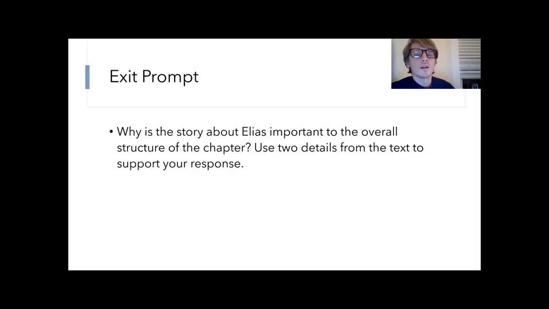So we're going to keep an eye out for this story about Elias and how it helps demonstrate the author's main idea. And if you take a look at the second sentence, you need to make sure that you use at least 2 details or quotes because you need to write a full paragraph response.